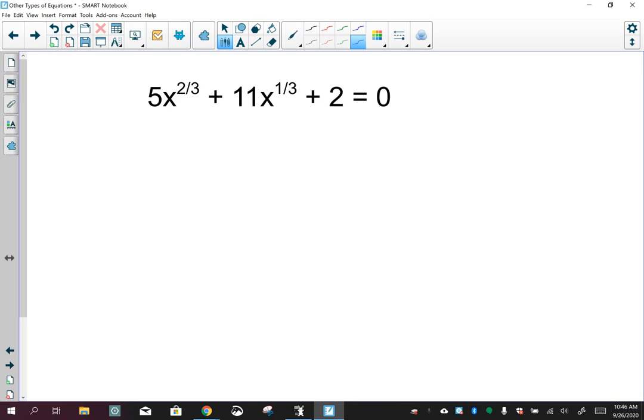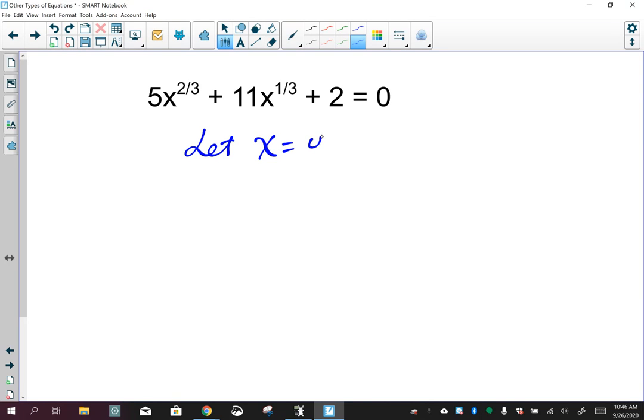Notice here, these are fractions. And so when we do this, it's the same thing. We are going to say let y equal x to the 1/3, not 1/2.